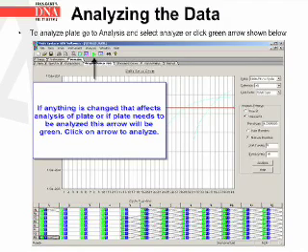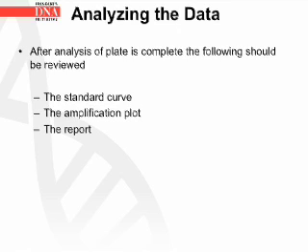To analyze the plate, go to Analysis and select Analyze, or click the green arrow shown below. If anything is changed that affects analysis of the plate, or if the plate needs to be analyzed, this arrow will be green. Click on the arrow to analyze. After analysis of the plate is complete, the following should be reviewed: the standard curve, the amplification plot, and the report.